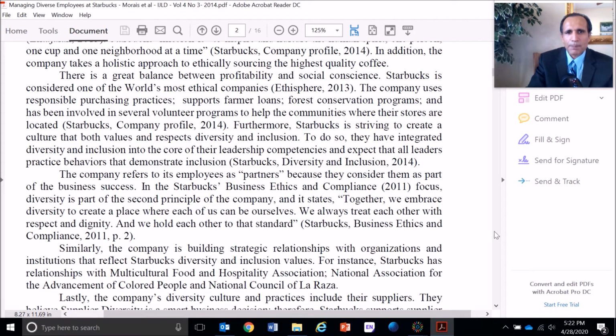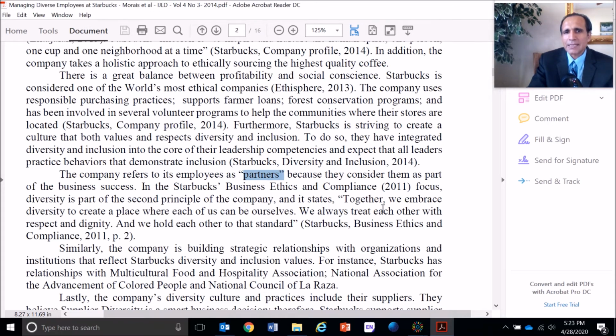This paragraph is interesting because it says the company refers to its employees as partners, because they consider them as part of the business success. In the Starbucks Business Ethics and Compliance focus, diversity is part of the second principle of the company.